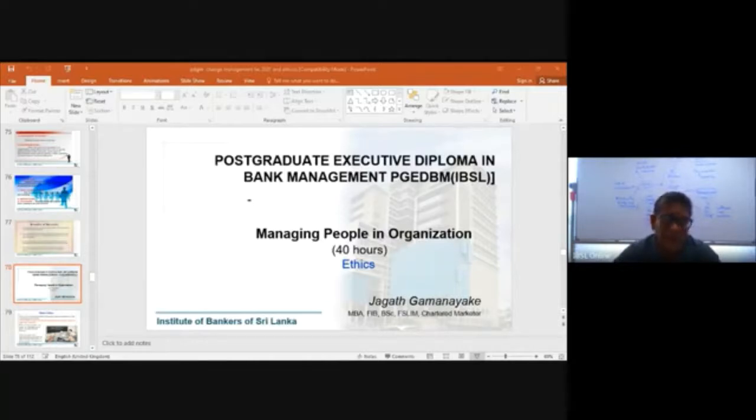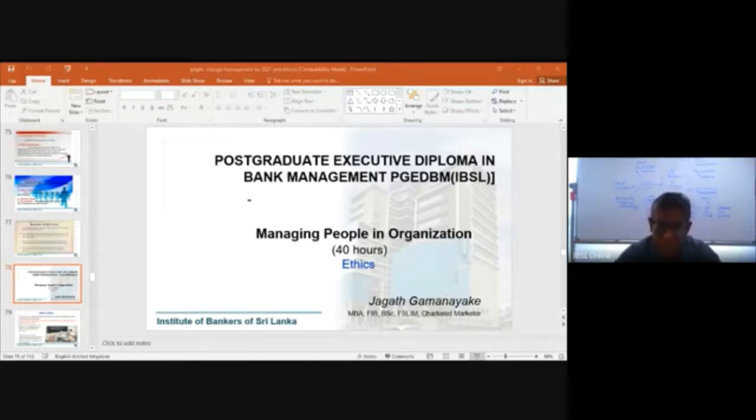And ethics is therefore the difference between what you could do and what is right to do. Right? So the bank believes in total compliance with the letter and the spirit of all applicable laws, rules, and regulations. Right? It is also a duty of banks to adhere to compliance, otherwise they face compliance risk. What does compliance mean?